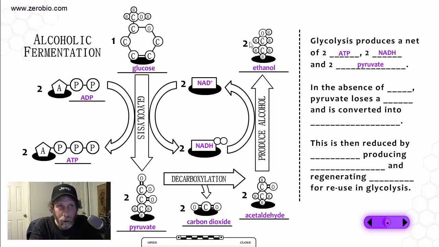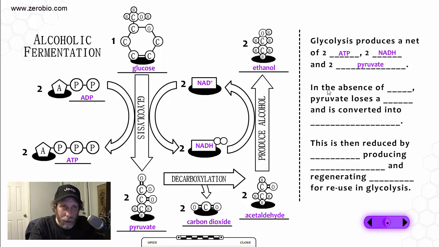There are 2 here, times 2 is 4 carbons, and these 2 times 1 is 2, that makes 6 carbons, our original glucose. We haven't lost any carbons, we've accounted for them. But by reducing acetaldehyde, we regenerate NAD+, which can go back into glycolysis to continue to make 2 ATP. And that's why this is happening, so that ATP can be continually made to fuel the life of a simple yeast or a simple anaerobic bacterium.